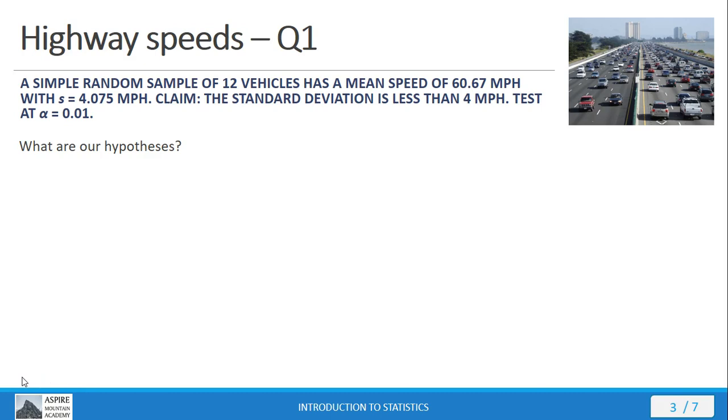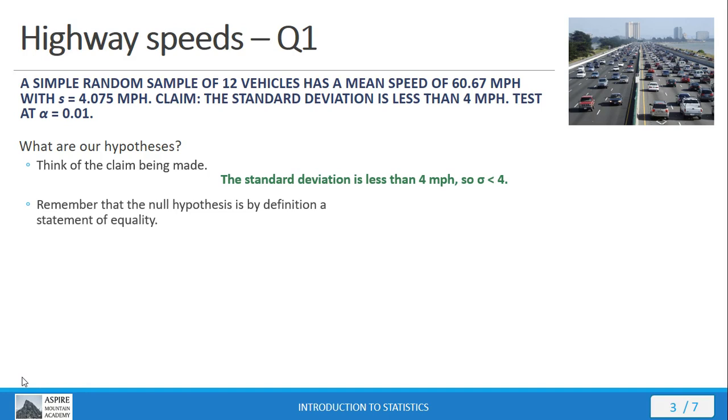Okay, let's check this out. We start by looking at the claim. The claim here is that the standard deviation is less than 4 miles per hour, so sigma is going to be less than 4. Our null hypothesis is just a statement of equality, so we rewrite that as a statement of equality. Our alternative hypothesis typically reflects the claim.